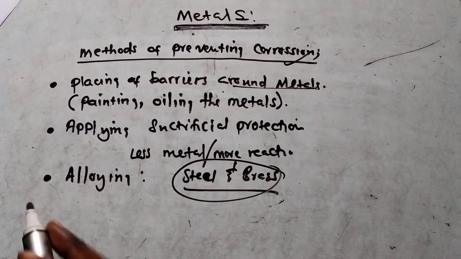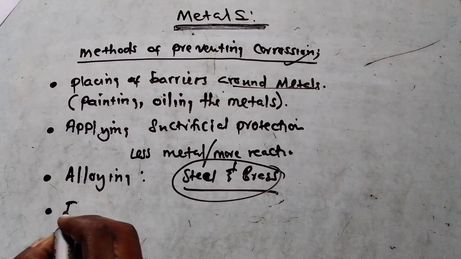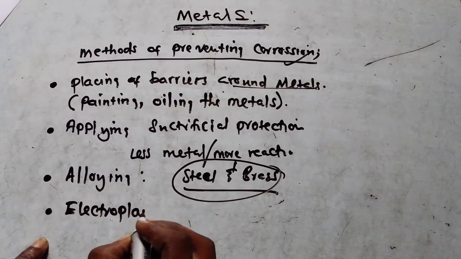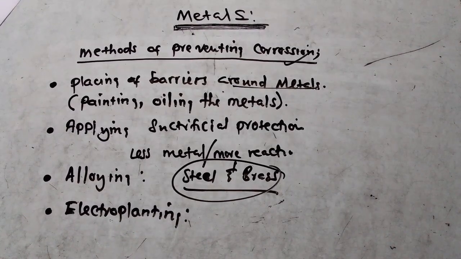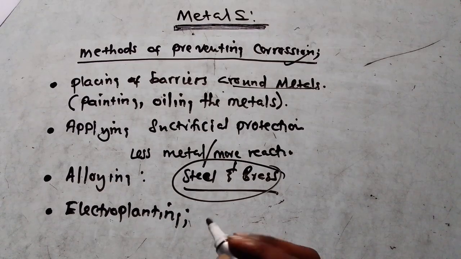Then the last one, we have electroplating. What do we mean by electroplating? This simply means coating the surface of metals which corrode with a non-corroding metal using electricity. This is very simple and straightforward, guys.